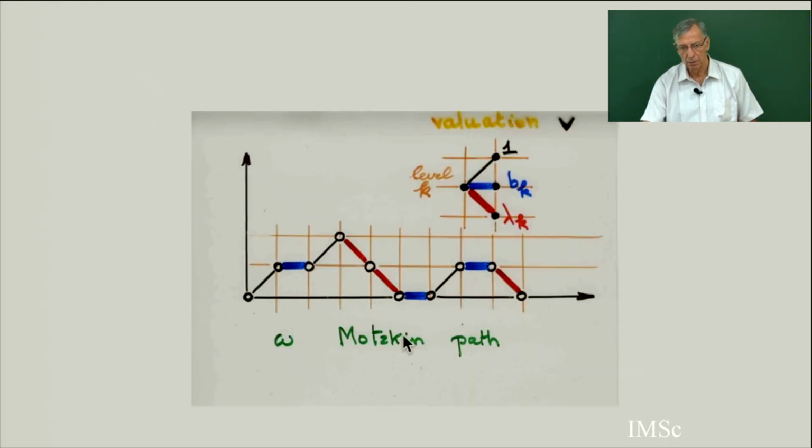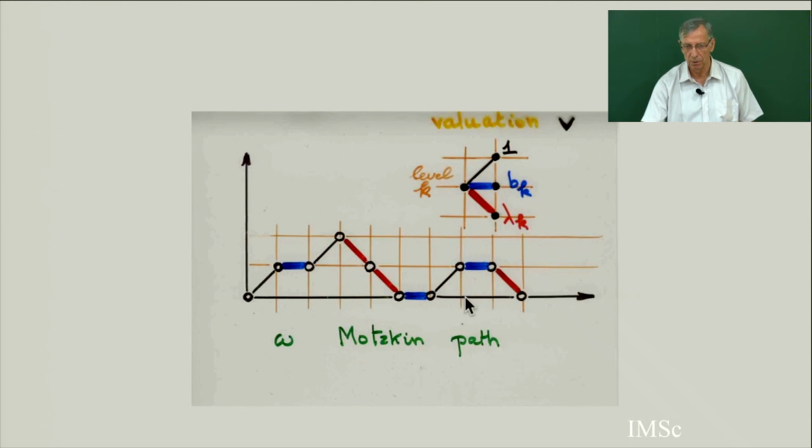So, definition, Motzkin path. Maybe I already defined this in class. A Motzkin path is a path on this quarter of the square lattice. You start from the point (0,0). You have three kinds of elementary steps: you can go northeast, go southeast, or go east.